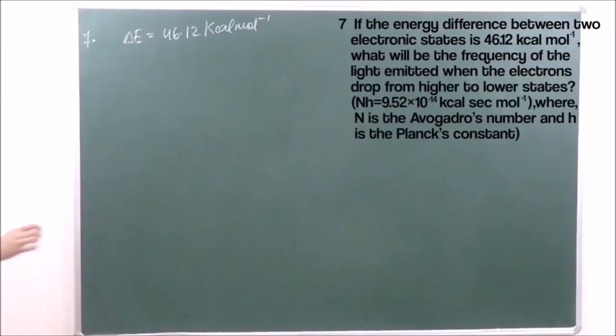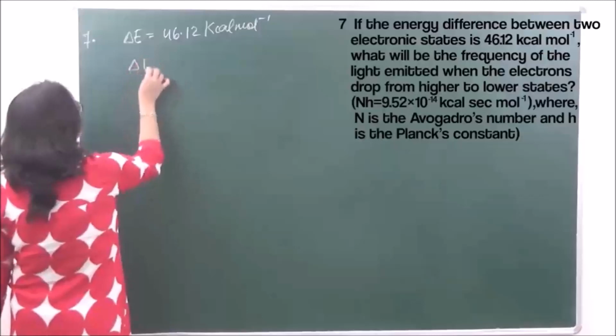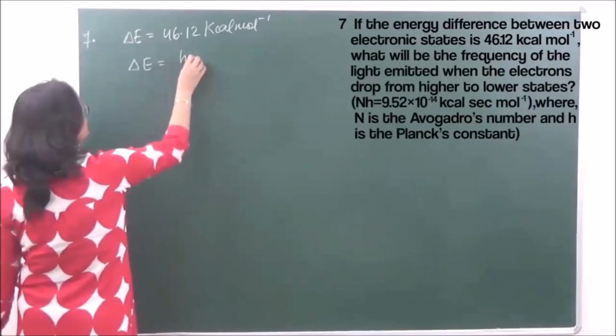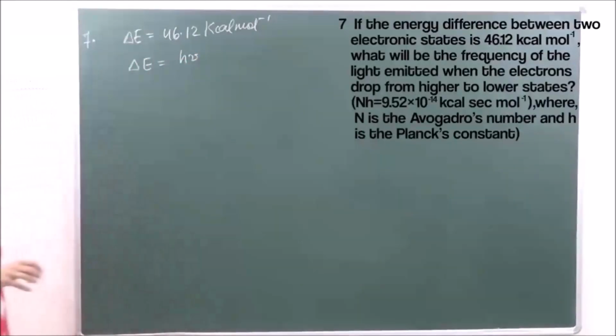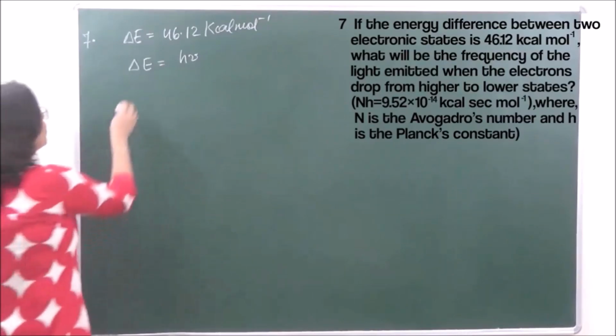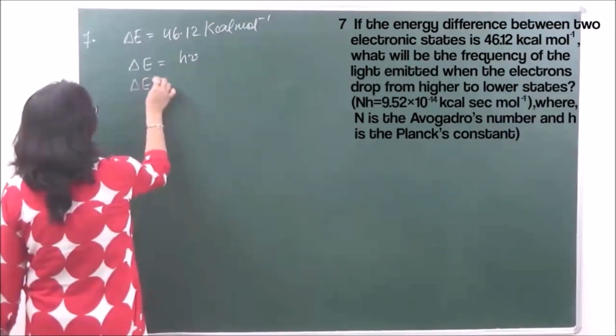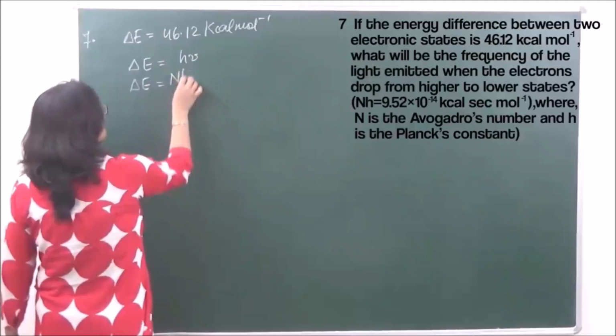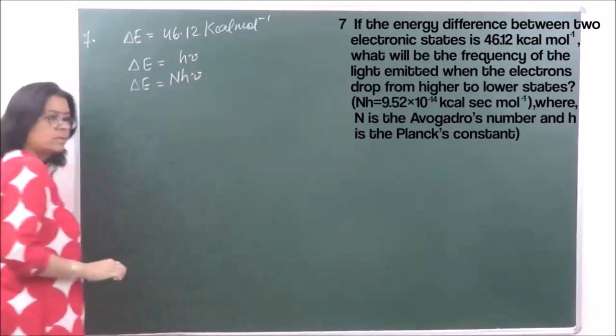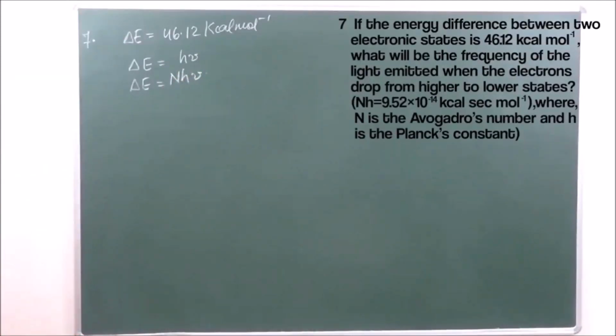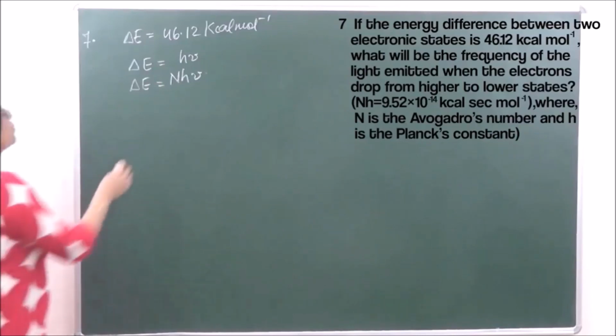Now Bohr says that delta E is equal to h nu. When we are talking of one mole, delta E will be equal to NH nu. The value of NH is given to us, 9.52 into 10 raised to power minus 14.